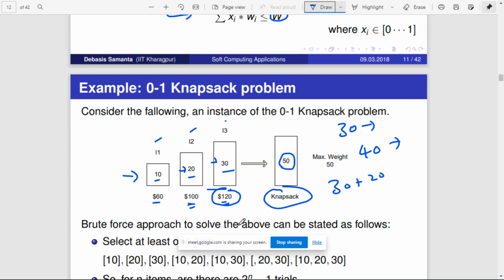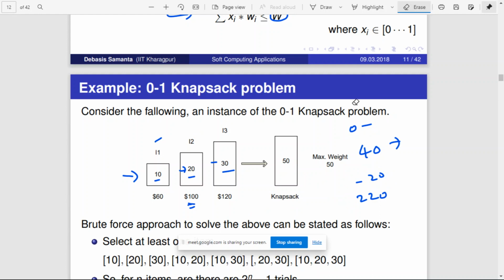You're getting it? So probably he will pick up 30 and 20. So 50 kgs is reached, and he got $220 worth of product, right? Now how can this problem be solved, how can it be represented using the binary encoding technique?